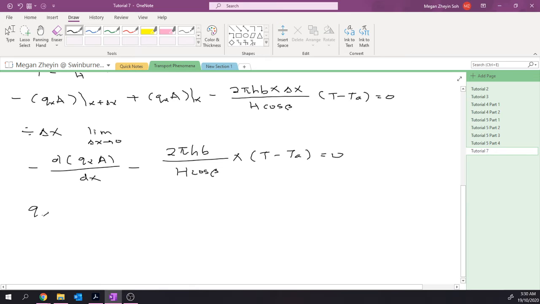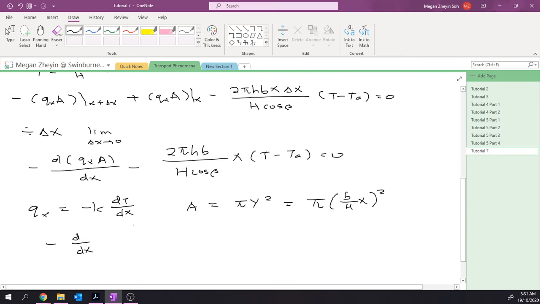So we know that q is equals to negative k dT by dx, and the area should be pi y squared, which is also equal to your y. You substitute your y that we have derived, b over h x squared. We can take the x out, so it becomes x squared. Therefore, we should obtain negative d over dx.